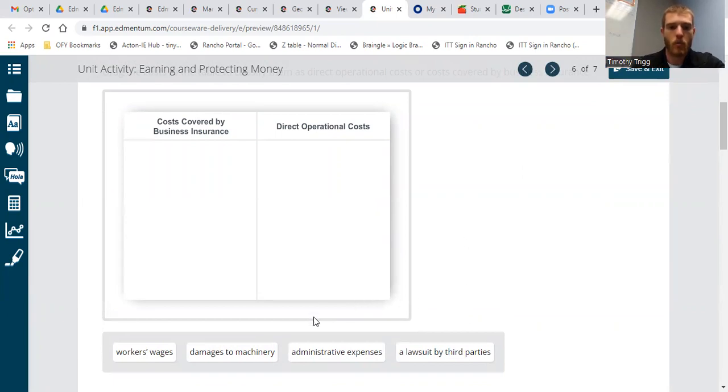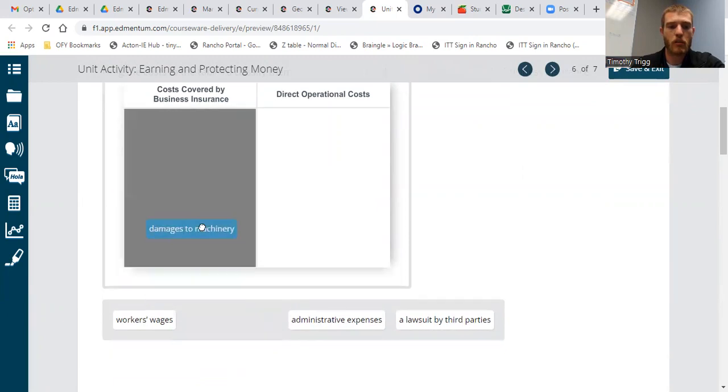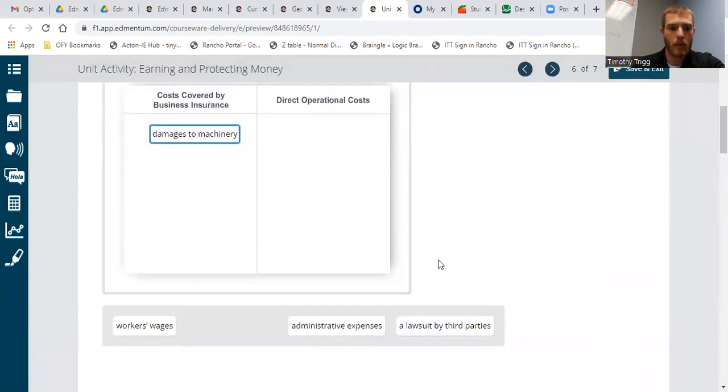So damages to machinery would be an example of covered by insurance, right? If a machine breaks down, and you have insurance or a warranty on that machine, then it can get fixed and it's not a cost for you. But you do have to pay for the insurance premium. What would be an example of an operational cost?